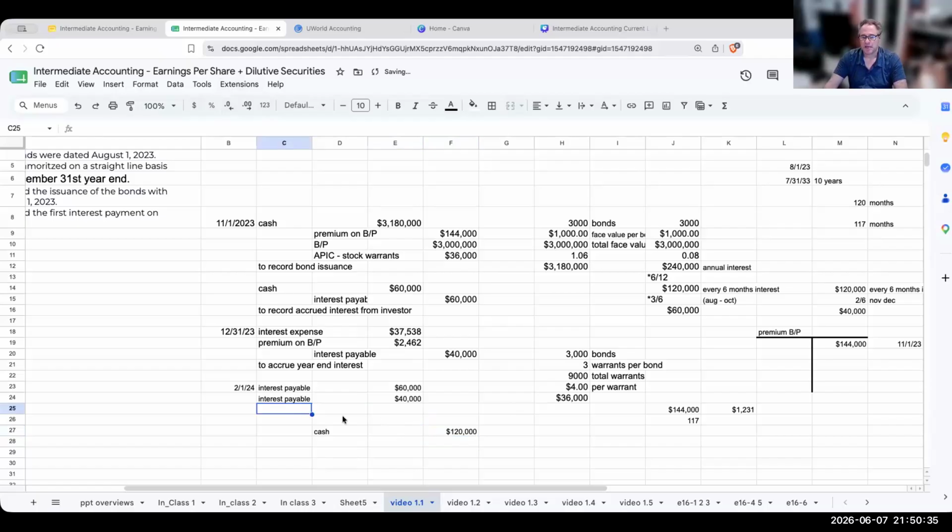So now to balance this, or to figure out my interest expense for the 1 month of 2024, I'm going to debit interest expense and credit premium on bond payable. When I credit premium on bond payable, this is only going to be for 1 month, right? Why is it? It's going from January 1st to February 1st.